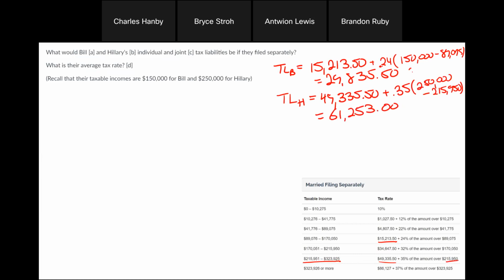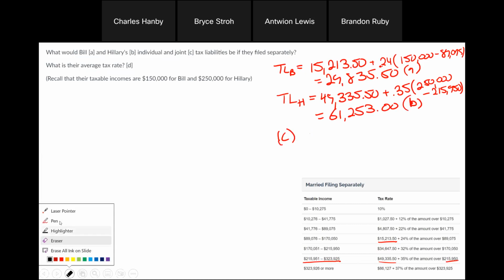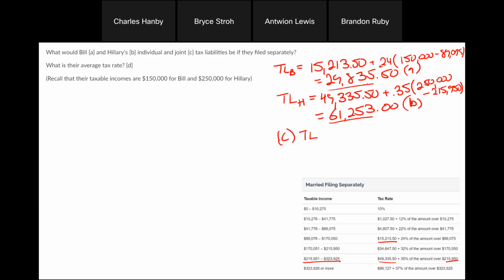So in this case, this is A, and this is B, and then C, their total tax liability. There's the 61,000 plus the 29,000. That's $91,088.50.